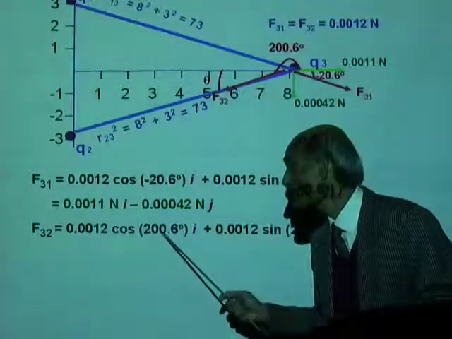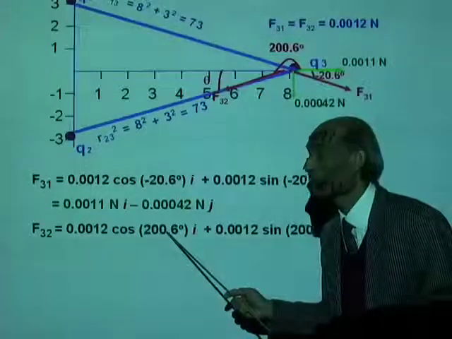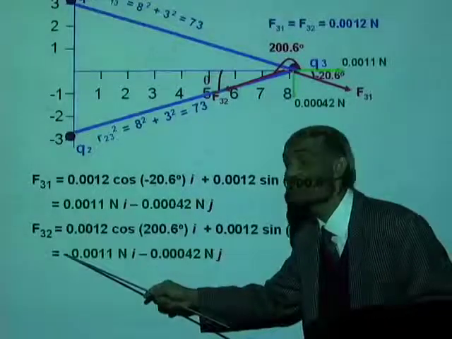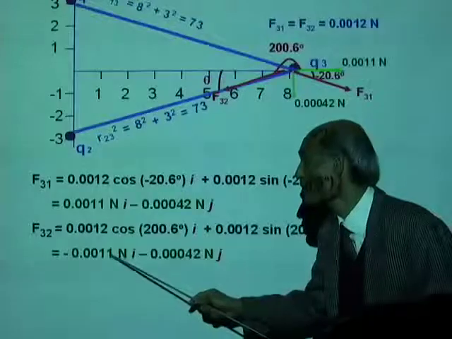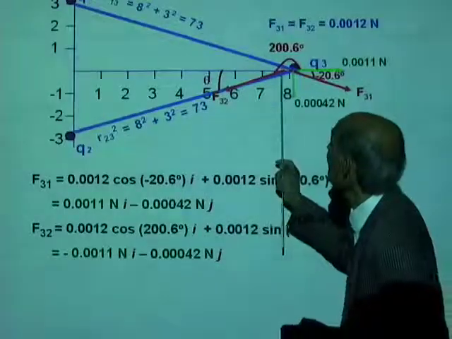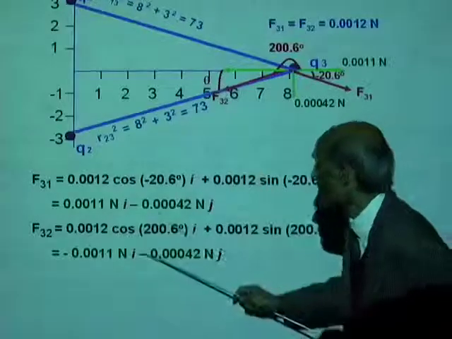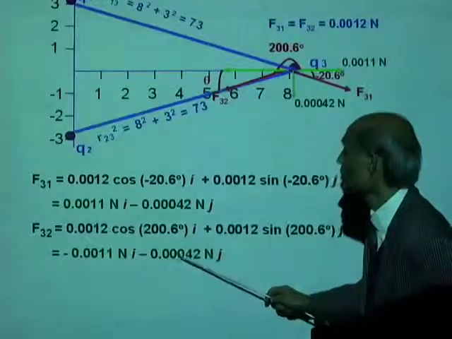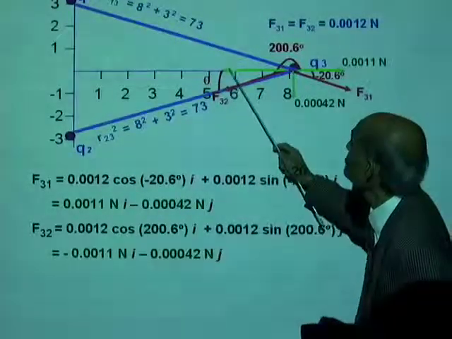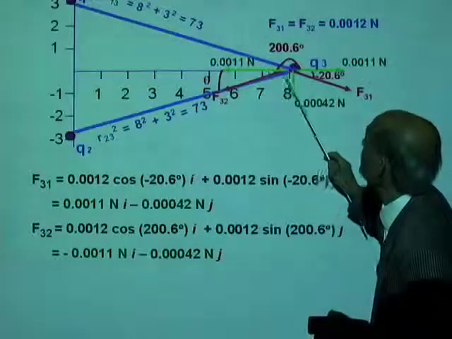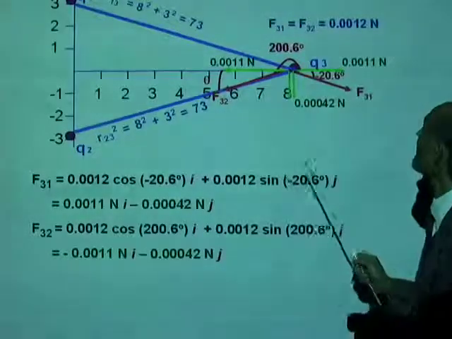Remember to keep your calculator in degree mode when you do that. That will be negative 0.0011 Newton i. That is the x component. You see this? Minus 0.00042 Newton j. That is the y component.